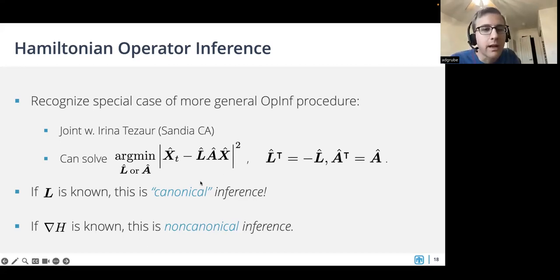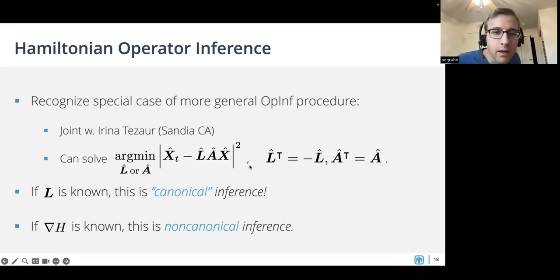But if you look at what your matrix least squares problem should look like for a general Hamiltonian system, then if you know what L is, you reduce essentially to the case of learning this A. And this A is, remember, my matrix representation for the gradient of my Hamiltonian. Now, the only thing that I know that A should satisfy is that it should be symmetric, just because it's a gradient.